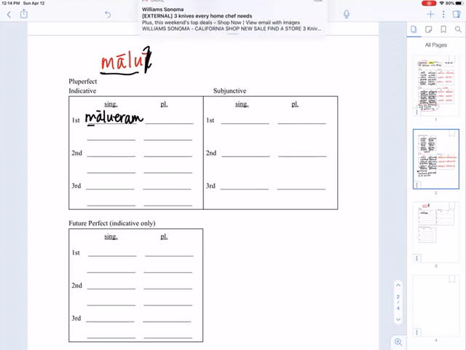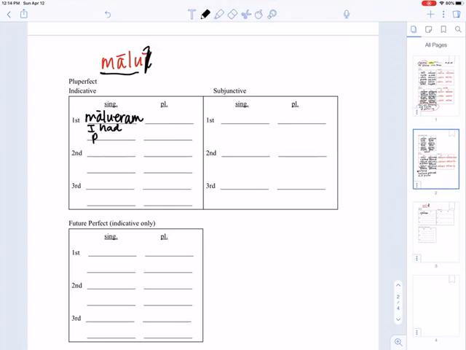So this is I had preferred. For second singular, we'll have Malueras. And this time we're going to have a macron over that A. And so this is you had preferred.